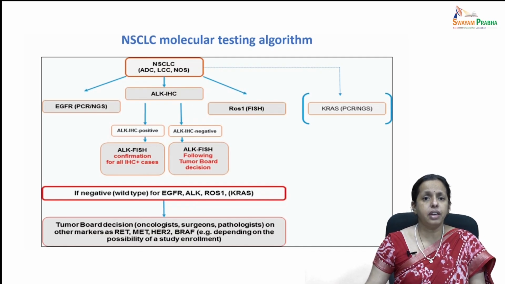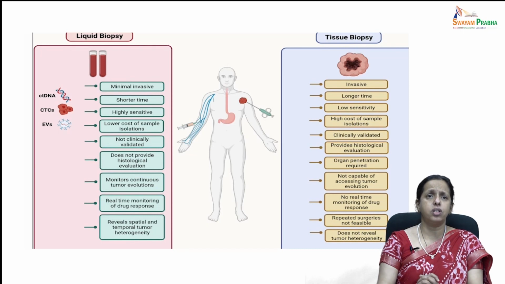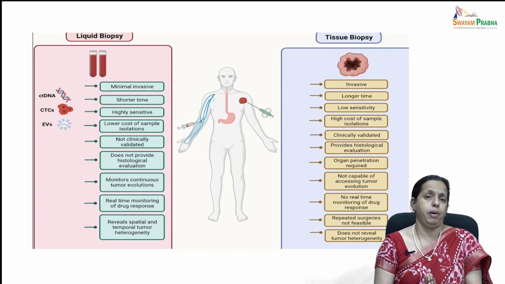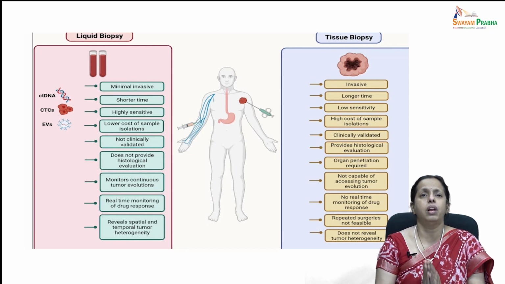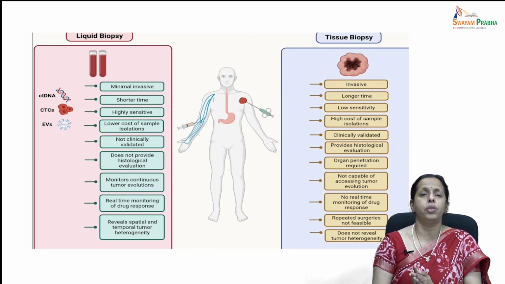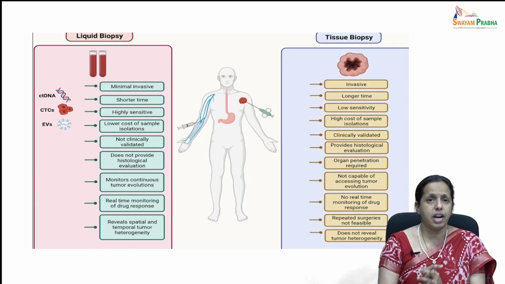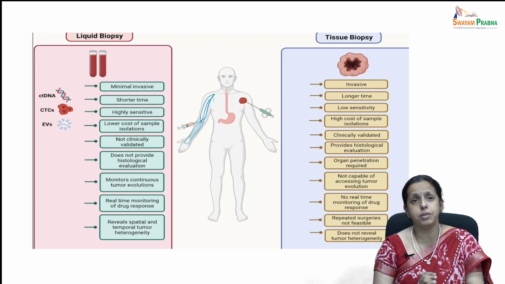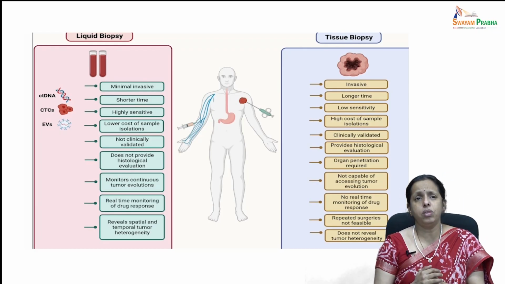Now we have really understood that you need a particular sample for molecular profiling of the tumor, to move forward for diagnosis, stratification, and to predict relapse. So now, where exactly is the sample?